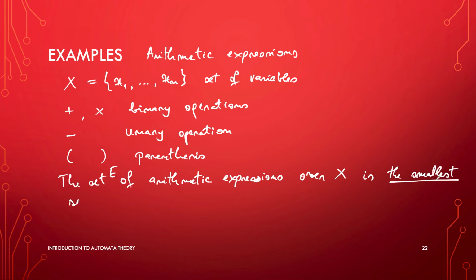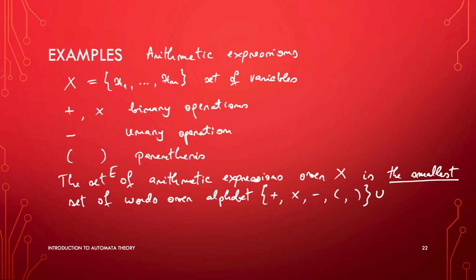So this is the smallest set of words over the alphabet. And in an arithmetic expression, obviously you can have plus, multiplication, minus, parentheses, and variables as well, such that these two conditions are satisfied. So first of all, any variable in itself is an arithmetic expression. You can say x1, and just in itself that's going to be an arithmetic expression.